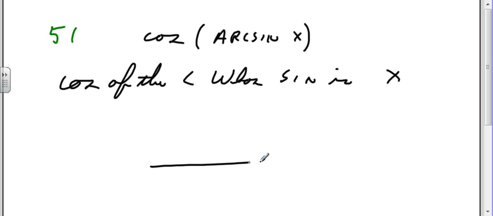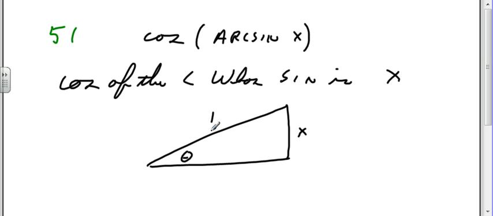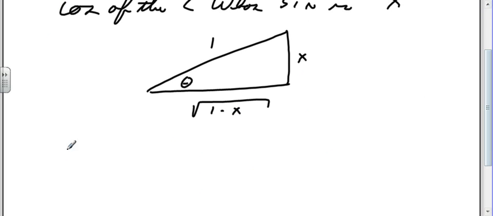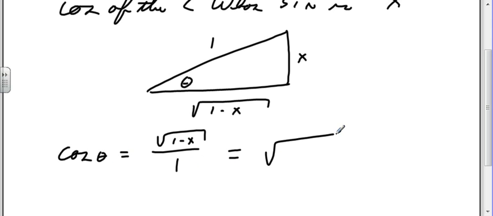So I draw a picture, and there's theta, and for the sine of theta to be x, this could be x, that could be 1. Then this would have to be the square root of 1 minus x squared. And then the cosine of theta is going to be the x component, the square root of 1 minus x squared, divided by 1, in which case we wouldn't put a divided by 1 there.